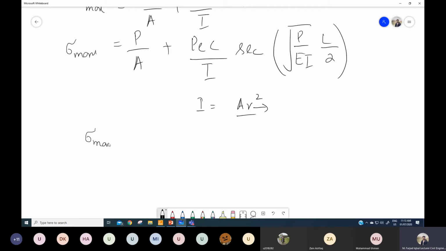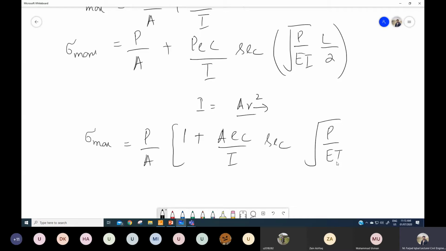Sigma maximum. First let's take P over A as common from this equation. If I take P over A as common, I will get 1 plus AEC over I secant under root P over EI.